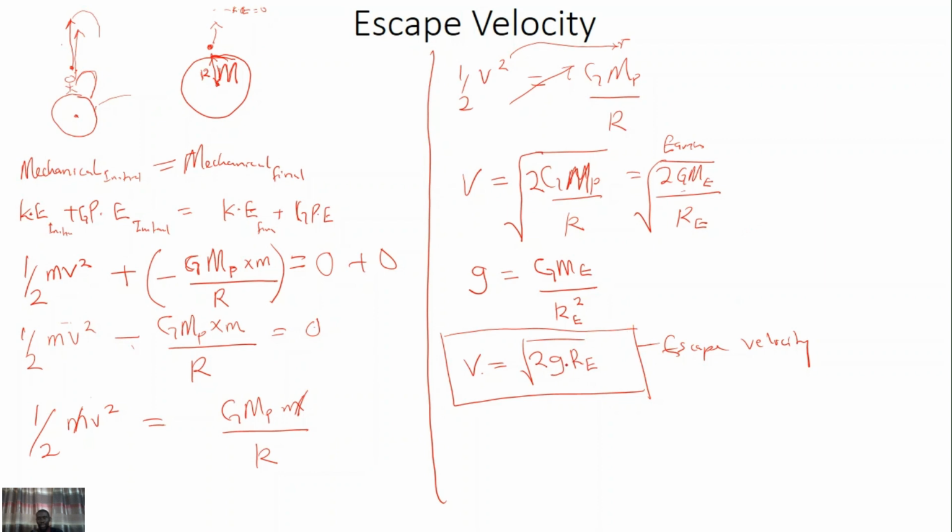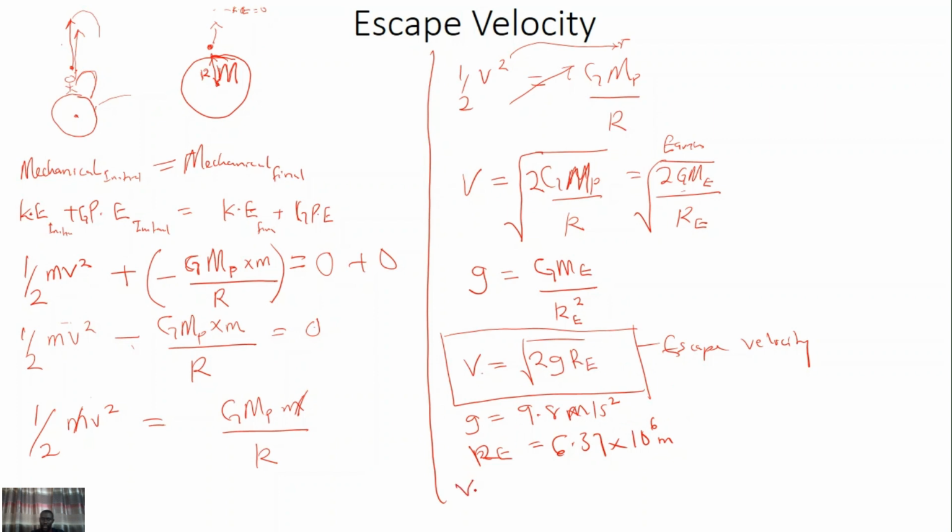So if we know g, acceleration due to gravity, to be 9.8 meters per second squared, and we know the radius of the Earth to be 6.37 times 10 raised to power 6 meters, if we input it into this equation, let's see what we get.